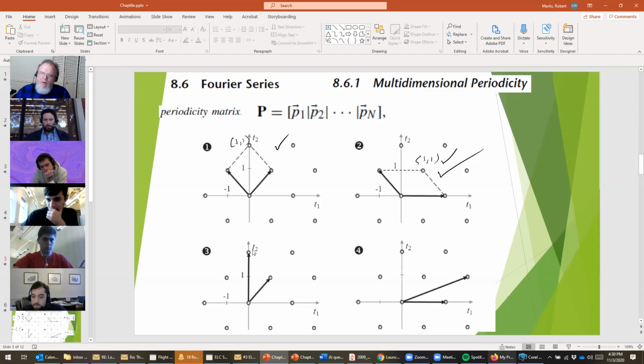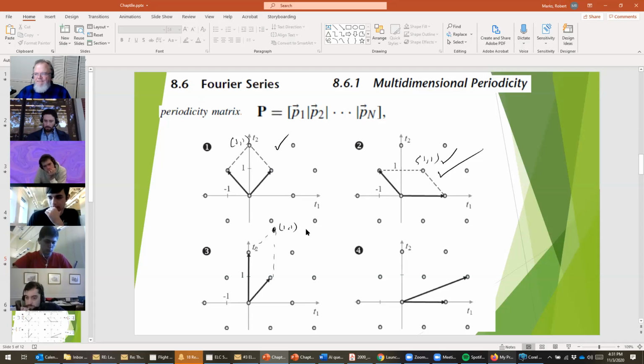Over here, the point 1, 1 would be off screen. It'd be way up here. So we see that the indices of the labels are changed. But all of these are possible periodicity vectors with different periodicity matrices that describe exactly the same replication on the T1, T2 domain.